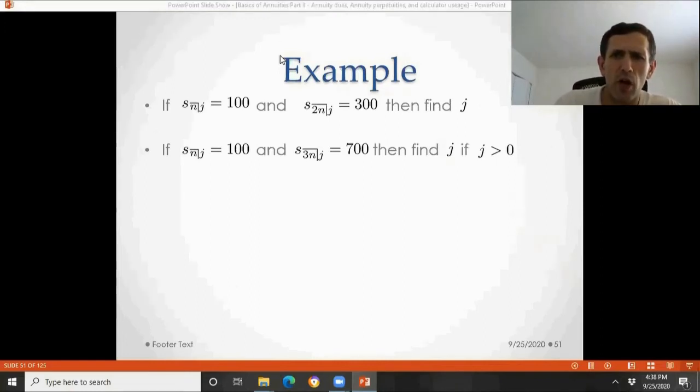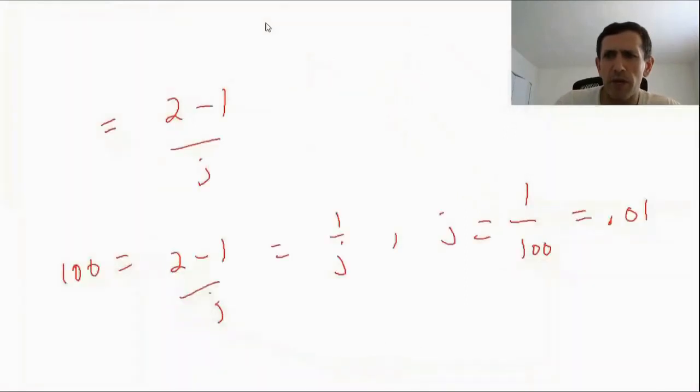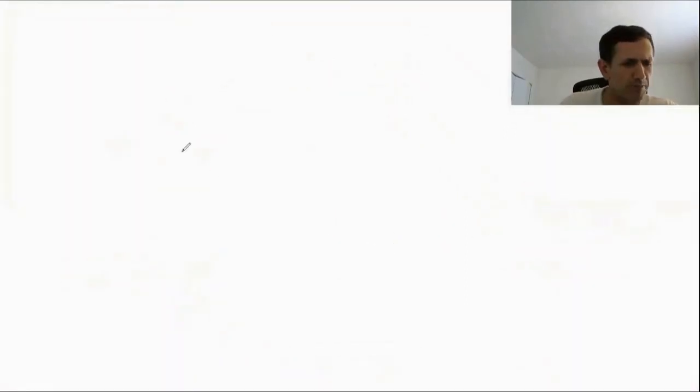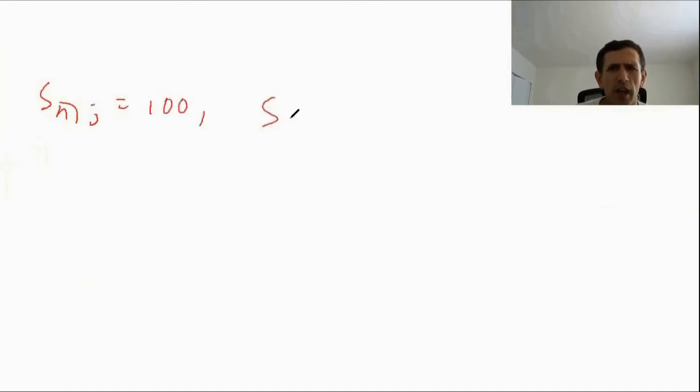So it's the same basic strategy here. We have S_N,j is 100, S_3N,j is 700.